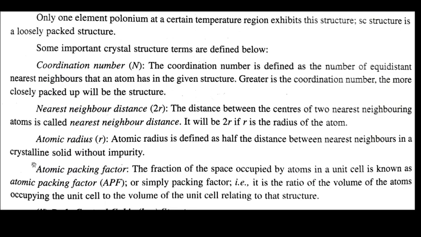So the full name is the atomic packing factor, that is APF. But in general, it is also tagged as PF. Okay. So the fraction of the space occupied by the atoms in a unit cell is known as the atomic packing factor.